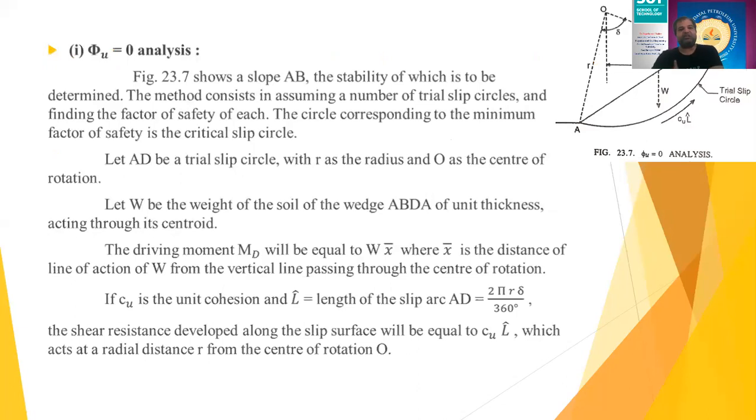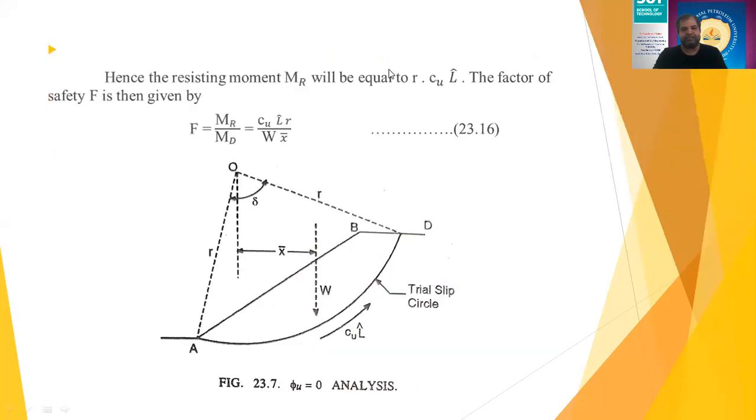For phi is equal to 0 soil, we have established this particular relation to find out the factor of safety of the cohesive soil. You can see this is the figure that we explained last time. Finally, we derive the factor of safety, which is Cu L arc R upon W X bar, that you can derive by solving this trial slip circle.